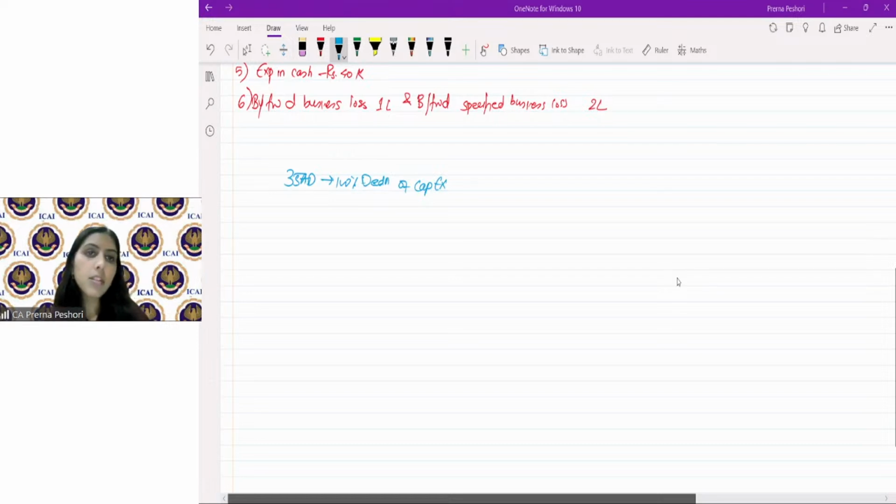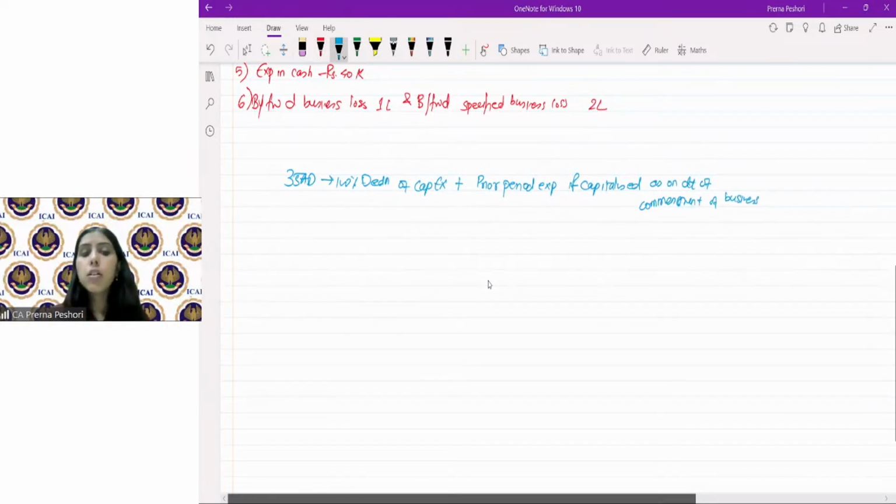So, 100% deduction of the capex plus the prior period expense, if capitalized as on date of commencement of the business. Are we getting that?